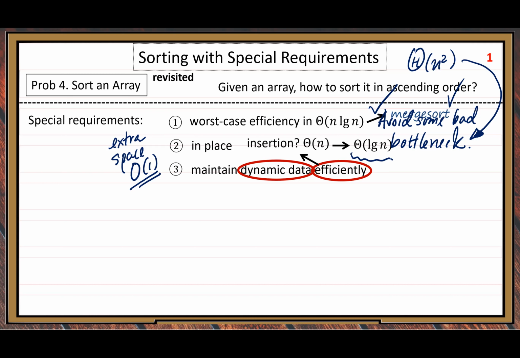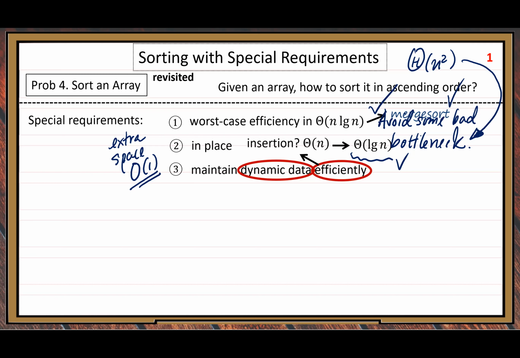Log n, greatly reduced, from n to log n. We know log n is much smaller than n. That looks good enough.